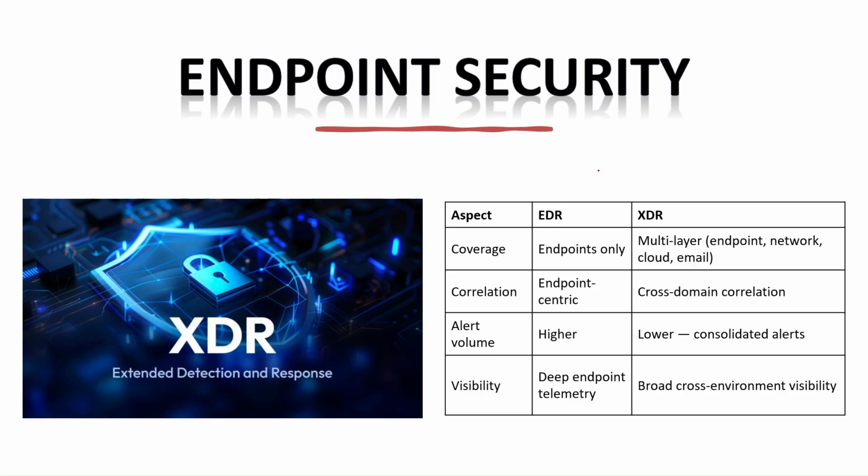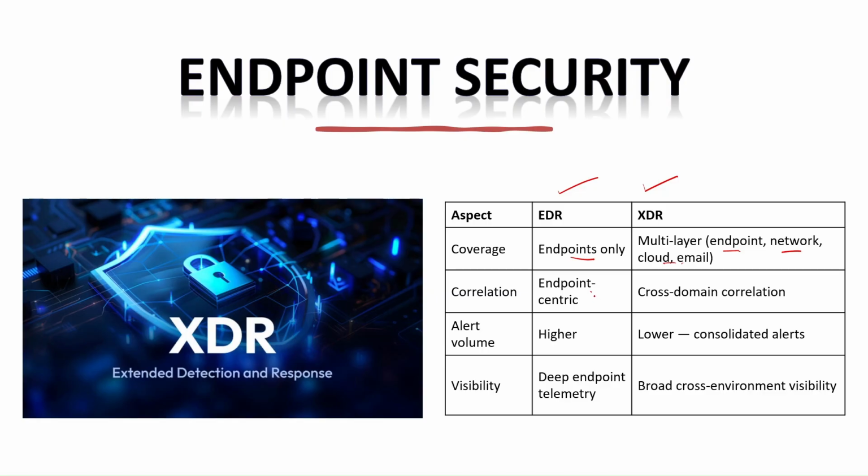So these are some of the differences between EDR and XDR. Both are part of endpoint security. With respect to coverage, EDR is endpoint only, while XDR is multi-layer, which includes endpoint, network, cloud, and email.